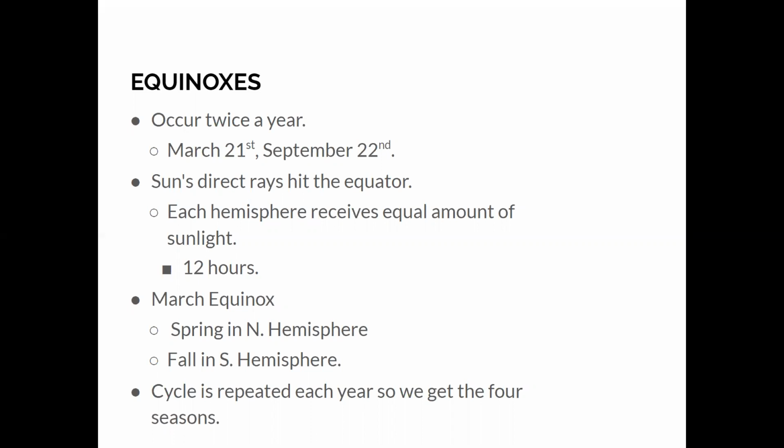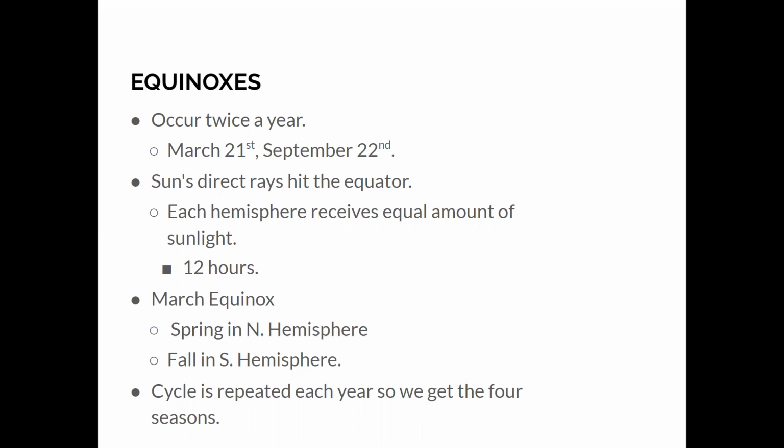So during this time, sun's direct rays hit the equator. Okay, so those direct rays are hitting the equator, which means each hemisphere receives an equal amount of sunlight. Okay, equal amount, 12 hours of sunlight for each hemisphere.